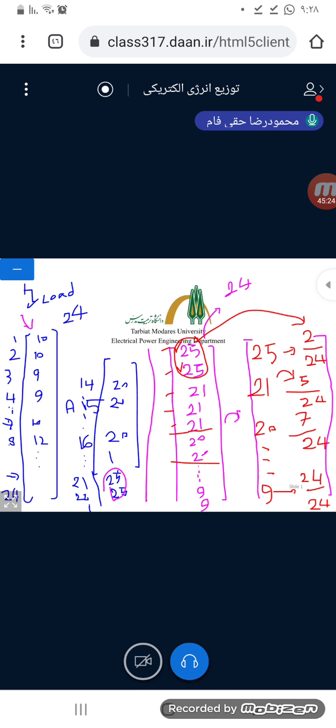We have a small area here, but no problem. If you draw these numbers against these numbers, you can reach the load duration. For example, see here. We have 25. Here is the duration. This is the 25, here is the 2 out of 24.